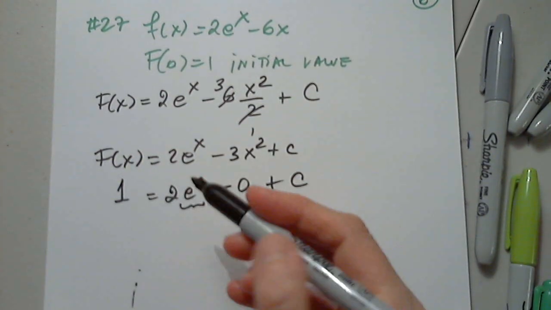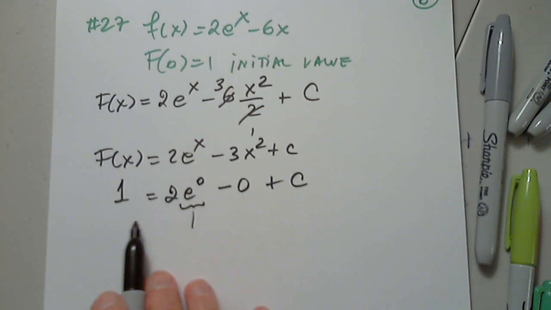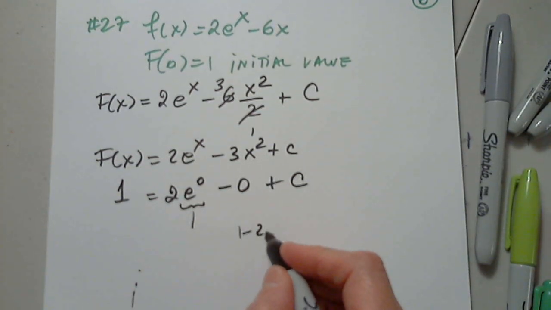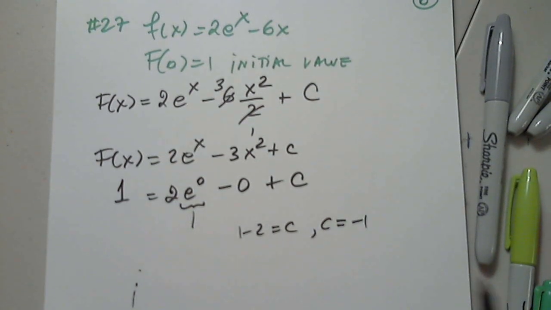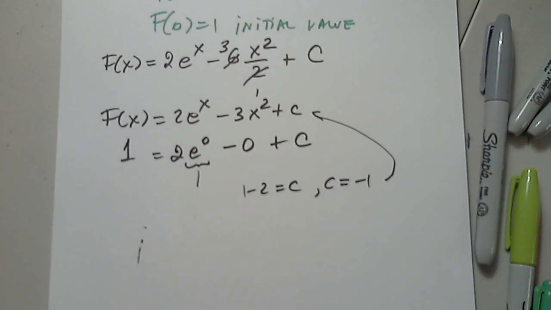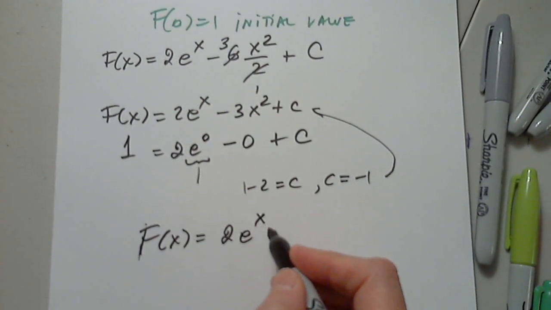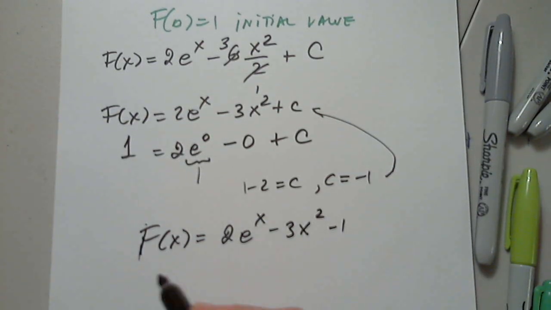Exactly. So then I have 1 equals 2 plus c. I move 2 to the other side. 1 minus 2 equals c, so c equals negative 1. I have to plug it in. So then uppercase F of x equals 2e to the x minus 3x squared minus 1.